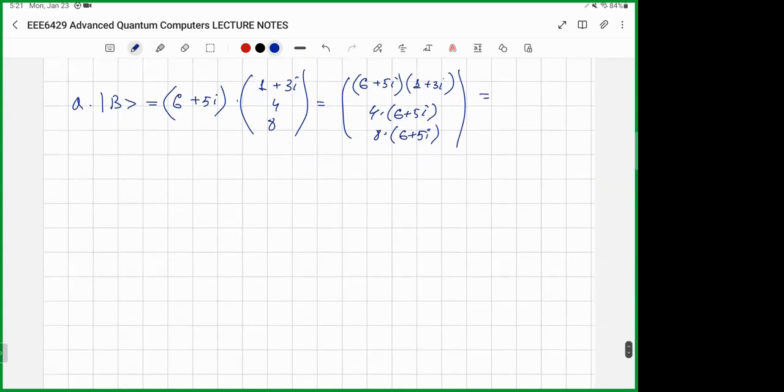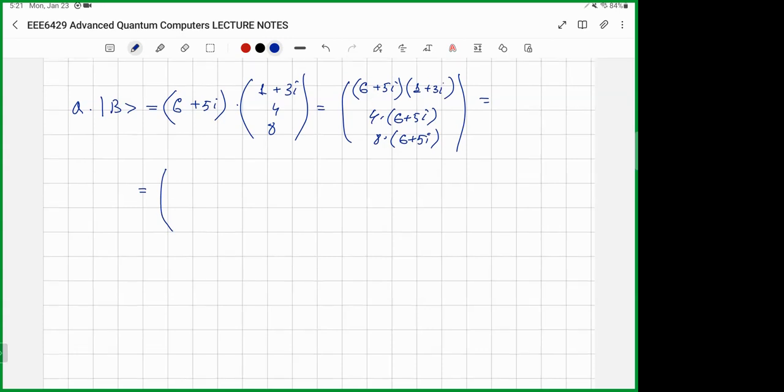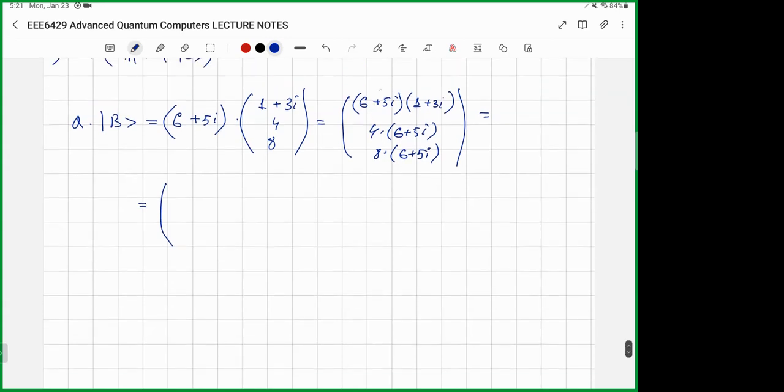Okay, I do it step by step. Here we expand the brackets, multiplying each term in the brackets, right?